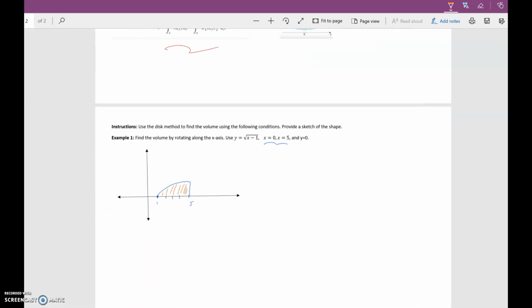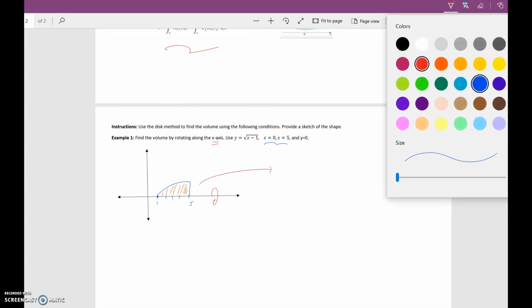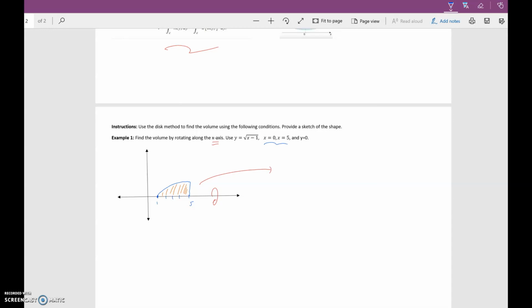Now, if you actually revolve it, and in this case they're talking about the x-axis, that means it's going to be rotated in that form. Then the resulting sketch is going to be a solid that looks as follows. I don't need a perfect sketch here, but I will be asking for a basic sketch.